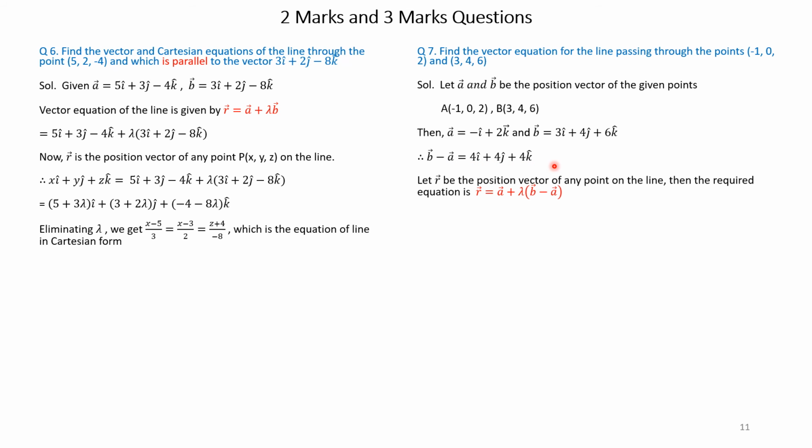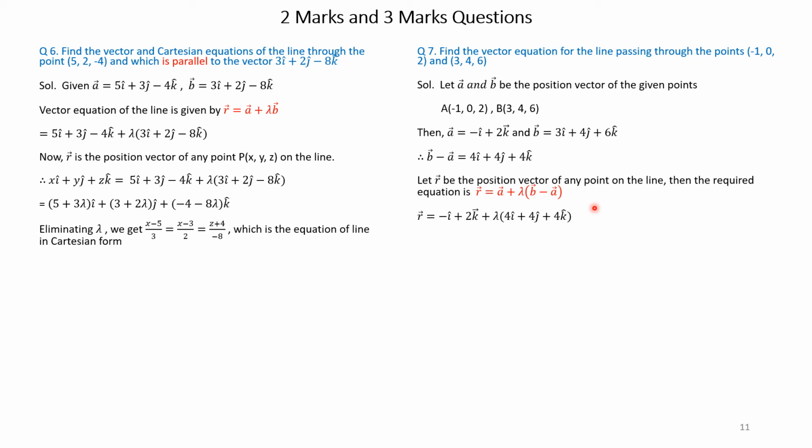So we know the equation, if r is the position vector, the required equation is vector r is equal to vector a plus lambda into b minus a. Please remember this formula is for when 2 points on this line are given, that is a and b are on the same line.